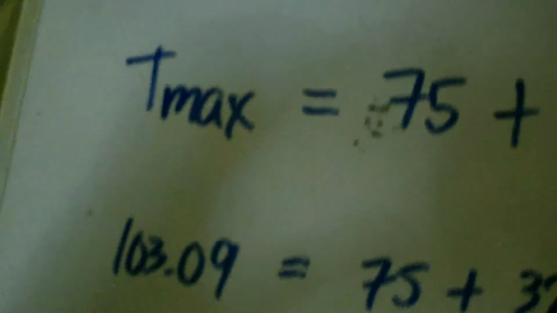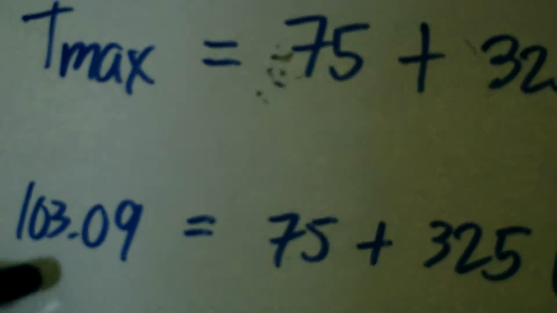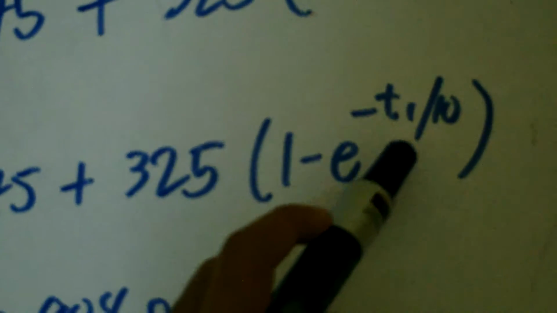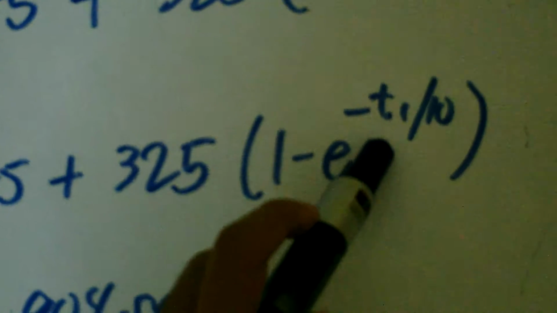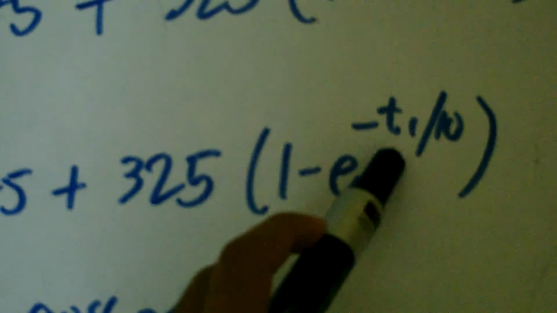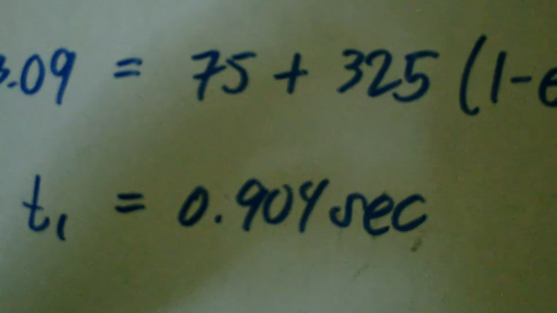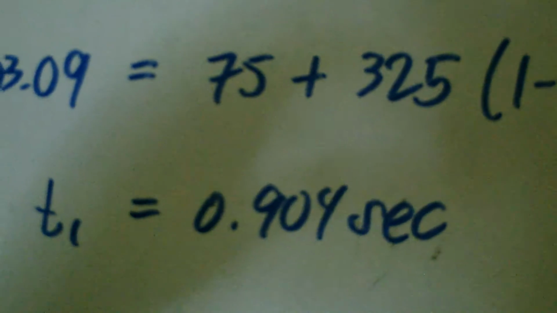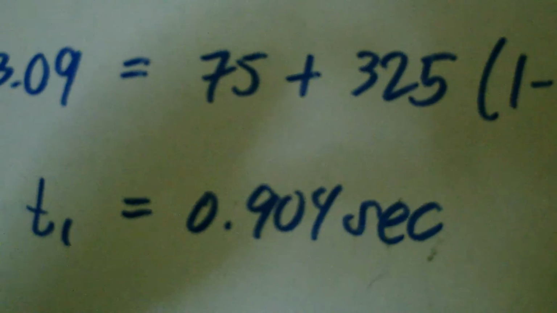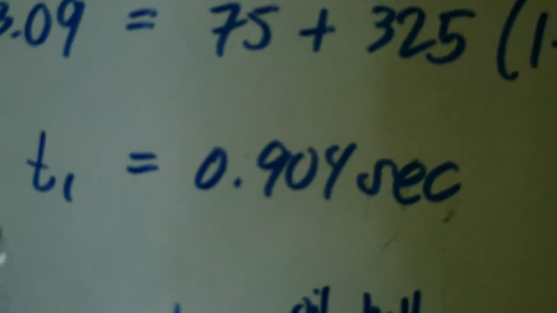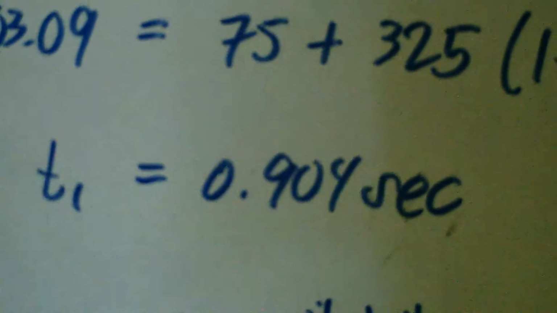Substituting T max, which is 103.09 degrees Fahrenheit, we get 103.09 equals 75 plus 325 times 1 minus e to the negative T1 over 10, and solving for T1 using your scientific calculator, we have T1 equals 0.904 seconds, which is the time that the thermometer was in the bath. So this is our final answer: T1 equals 0.904 seconds.